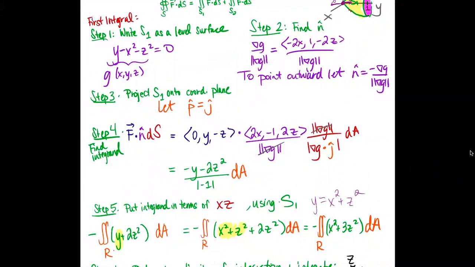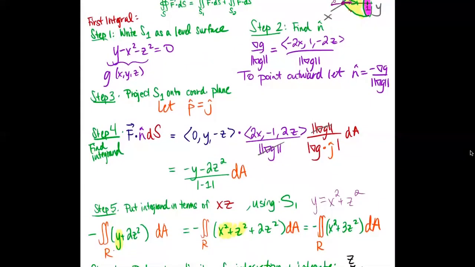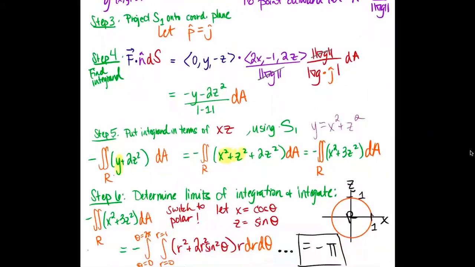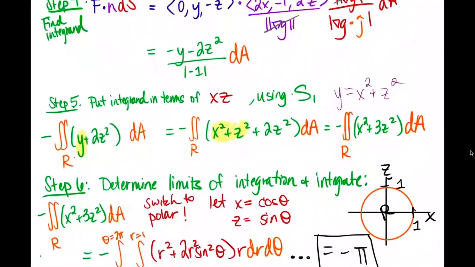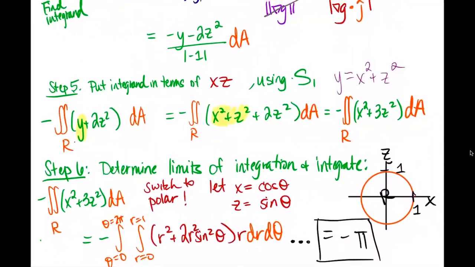And that is going to give me this integral, negative x squared plus 3z squared dA over my region R, where my R is the shadow in the xz plane, and we can see that's now a circle. And so if you were thinking, oh wait, before you set up those limits, it looks like you should switch to a version of polar, you're correct.